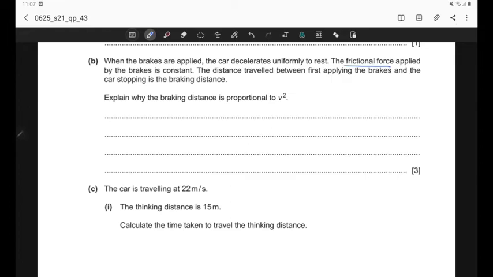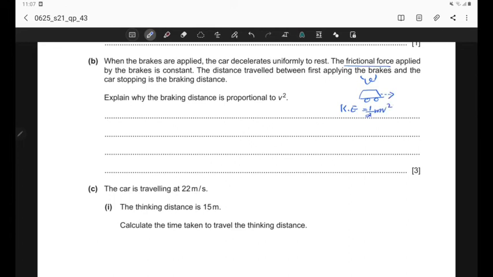So here the car initially was moving with a constant speed. We know that it's mentioned in the first part. So when the car is moving with a constant speed v, it will have energy in the form of kinetic energy, and its kinetic energy while it is moving is half m v square.